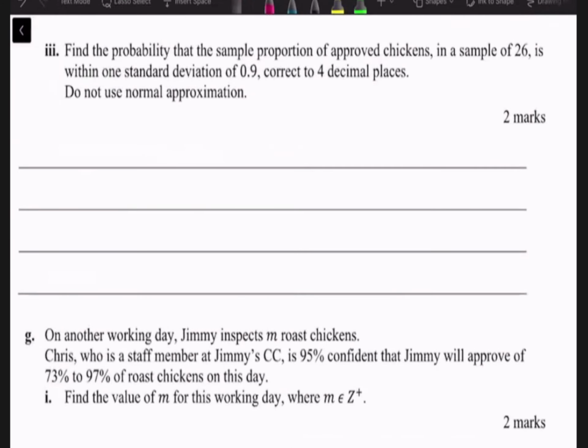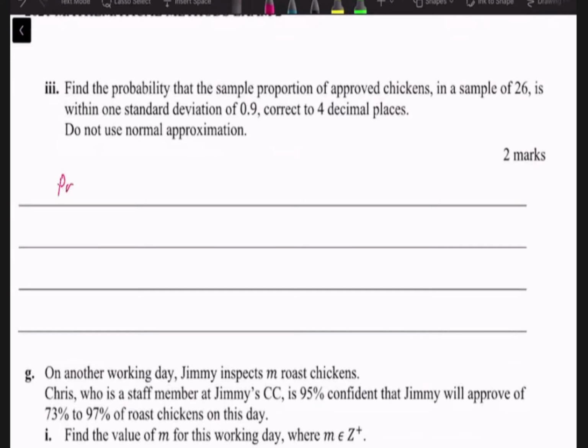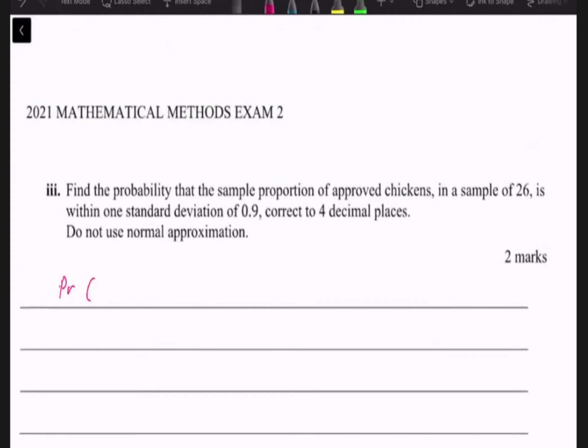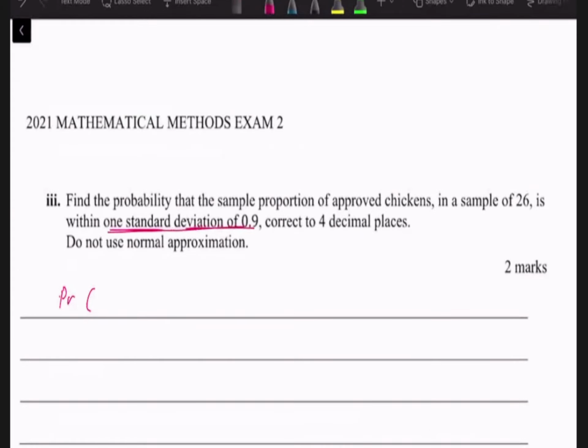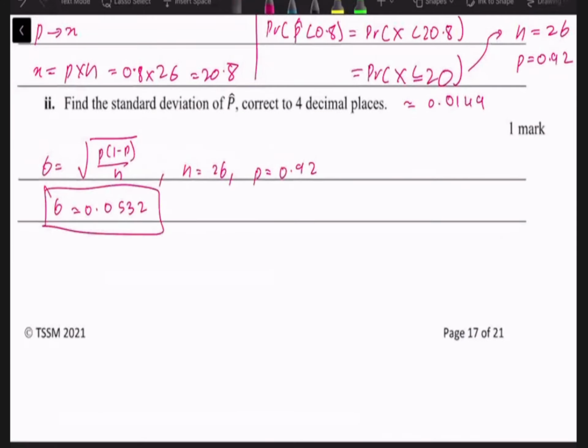So the next question is find the probability that the sample proportion in a sample of 26 is within one standard deviation of 0.9. So similar to the previous question, but it's one standard deviation of 0.9. So we found our standard deviation here.